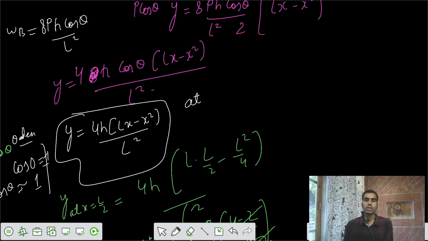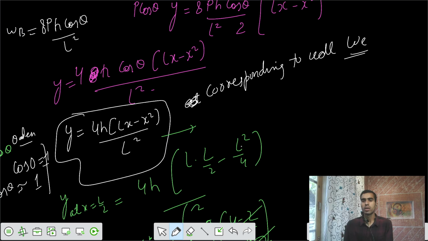So once I got the equation of Y, this signifies that corresponding to the external UDL, because of the external loads, my sagging bending moment has developed.